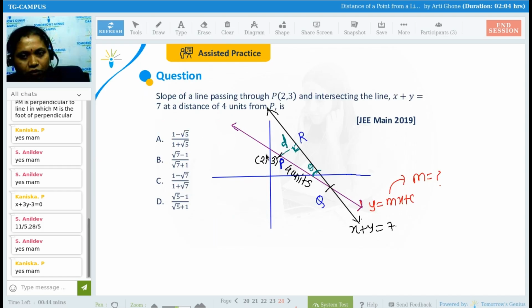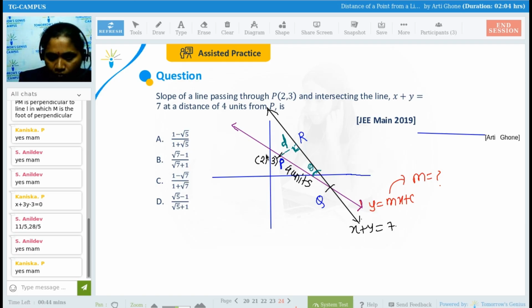Okay. Now see, imagine this triangle. I'm drawing over here a triangle P, Q, R. What are the things we know about this triangle?